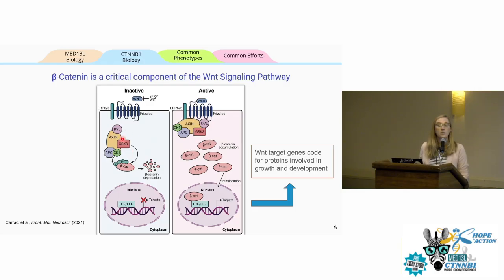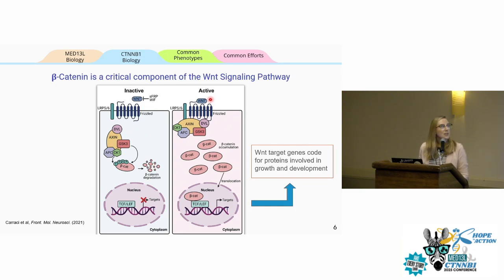This is called the destruction complex. Once beta-catenin gets phosphorylated by the destruction complex, it serves as a signal for beta-catenin to get degraded by the proteasome.